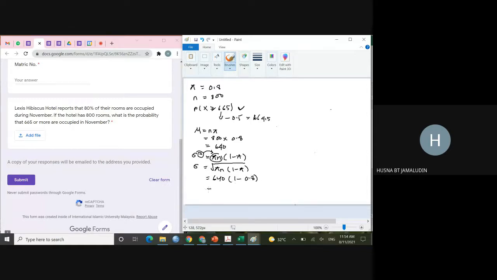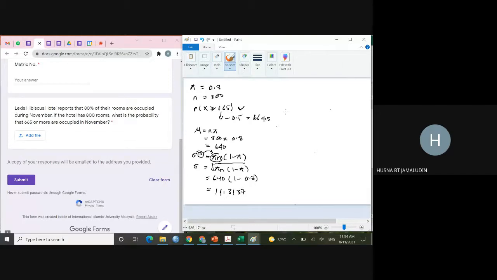So what will you get given all this working? 11.31. You can make it 4 decimal points, it's up to you. If you do, you will get 11.3137. You can stop at 2 decimal points, it's fine.